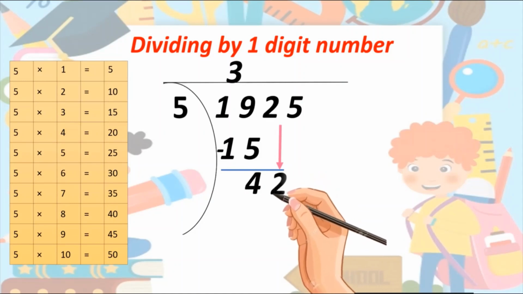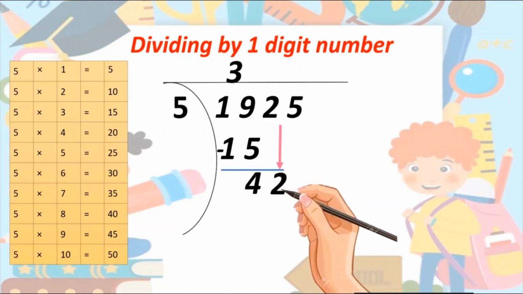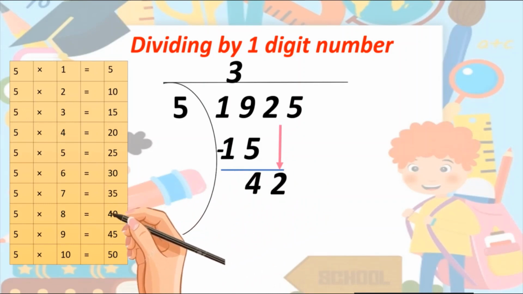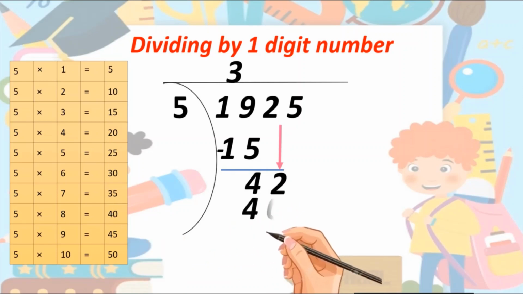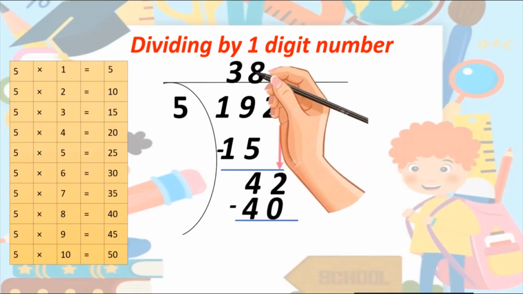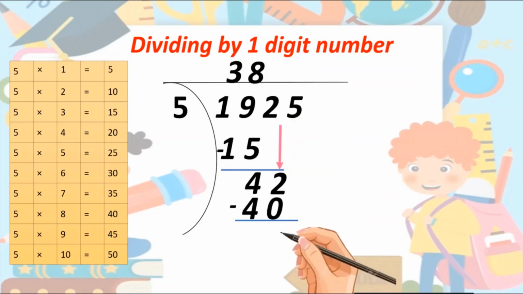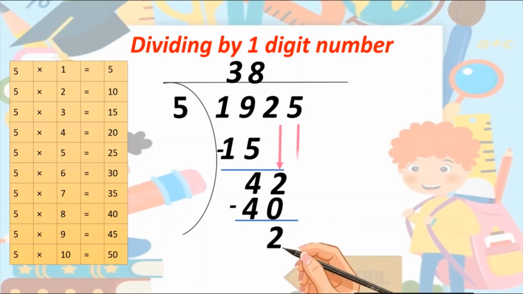Then we bring down the next digit of the dividend, and now the number is 42. Again we look into the table of 5. So here 5 eighths are 40, which is the closest number to 42. So we write 5 eighths are 40, the remainder is 2.